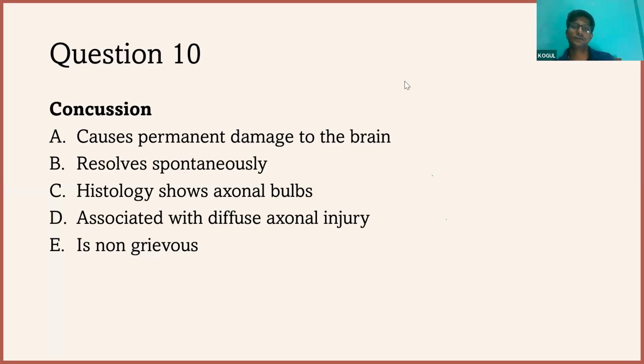So it's false; it's grievous, endangering life, under the clause for grievous hurt. Whenever you think of concussion, there is an unconscious period and retrograde amnesia also, and during that unconscious period the patient's life is in danger. So it's endangering life.